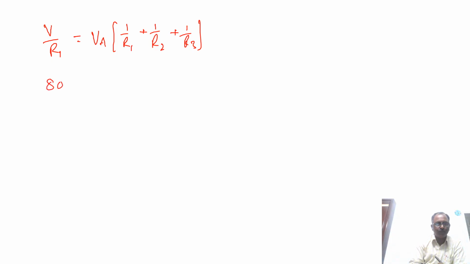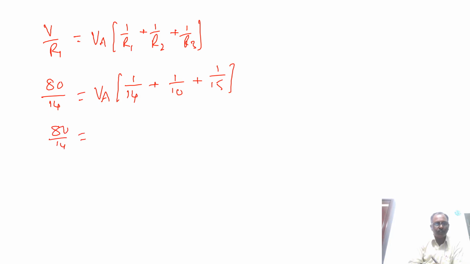Now you substitute the values. V is 80 volts and R1 is 40 ohms. VA we need to find out. R2 is 10, R3 is 15. Now 80 by 40 equals VA into the LCM, which is 40 into 10 into 15.